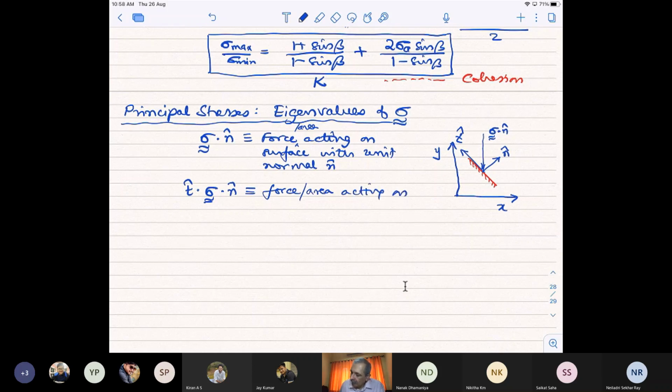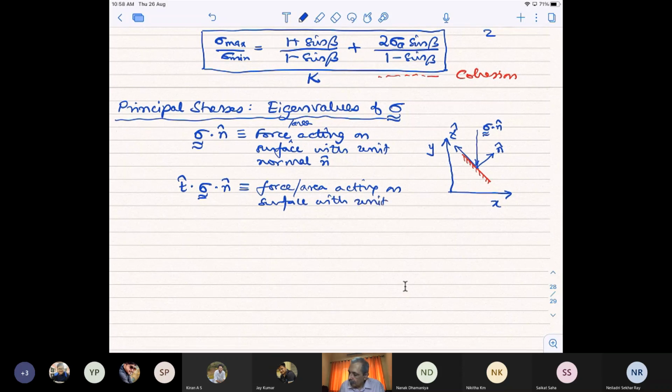I know it might be boring, but this is the force that's acting, but it's in the direction t. And this we call as a shear stress.